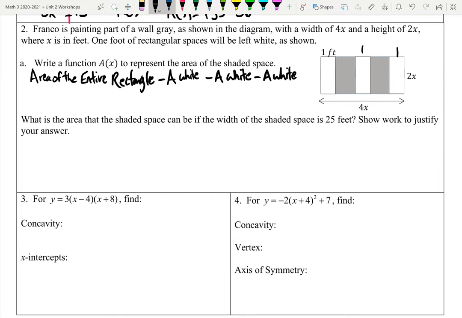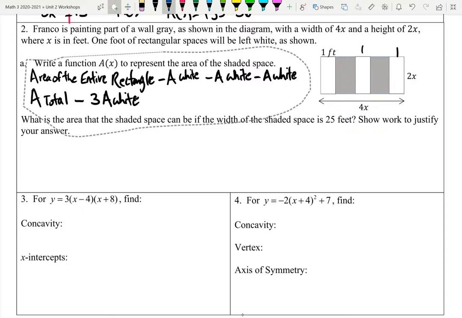Since all 3 of those particular white rectangles are congruent, what I need to do is take the area of the total, and subtract 3 times the area of the white. Now this isn't a formula yet, but this framing is going to help me generate my equation.